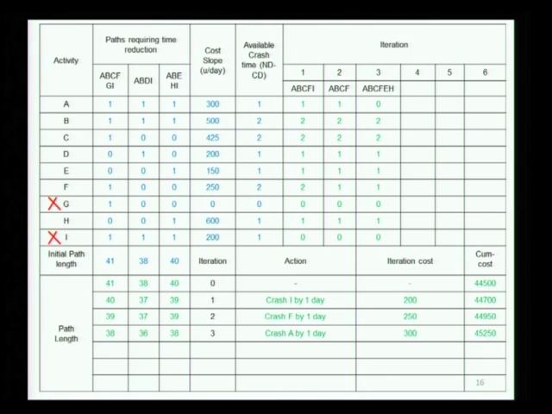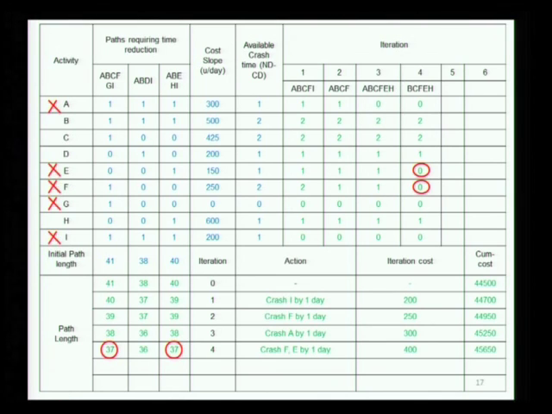Now we can keep track of the cumulative direct cost as we go through the process. We then crashed F and E by 1 day, and resulted in this. You can see that as we go through each iteration, the available time in each activity is also updated.